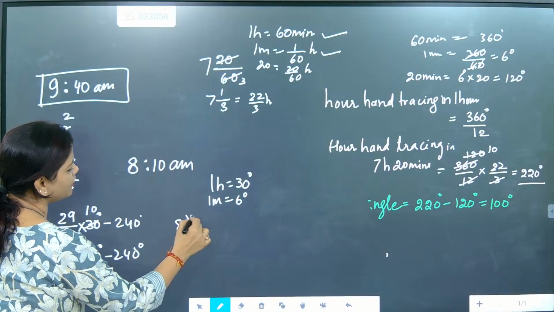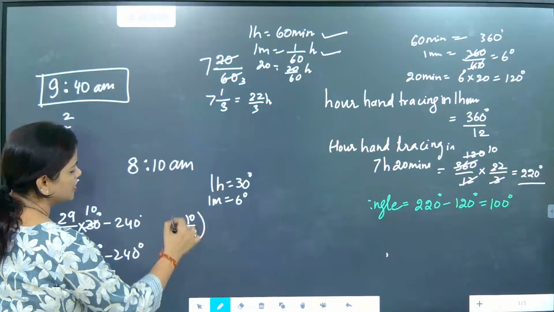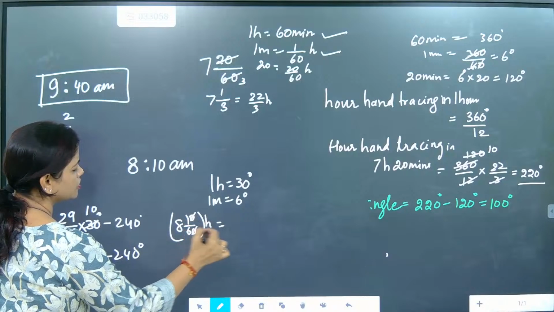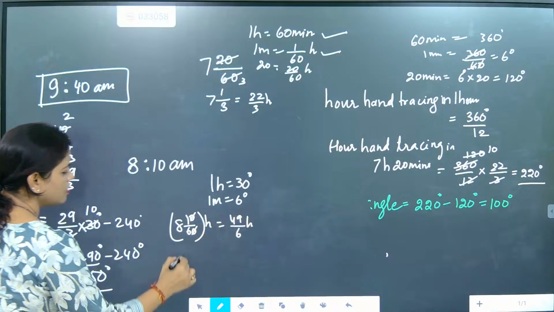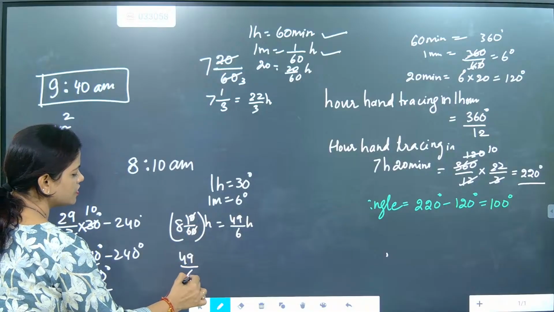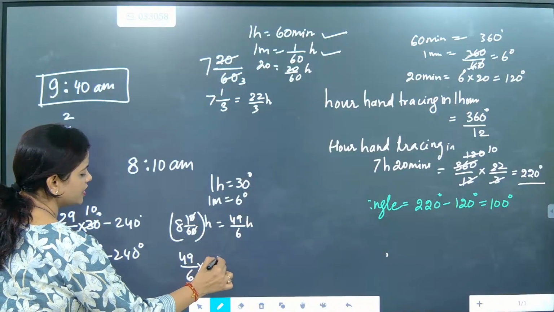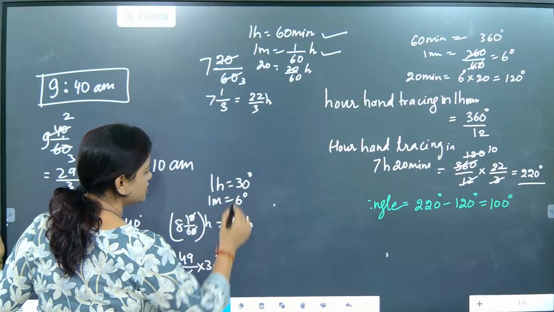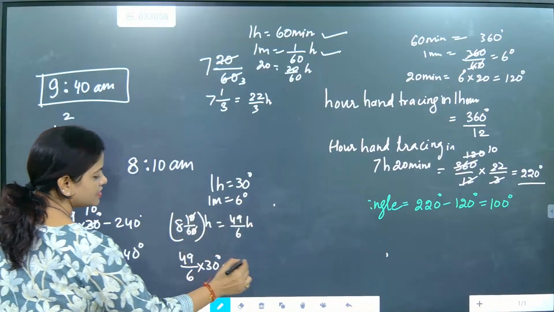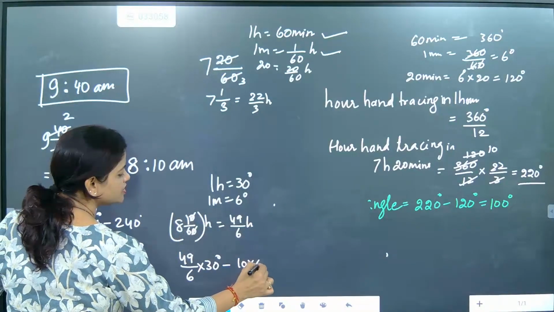First we have to convert it into total hours. So it is coming 6 eights are 48, 49 by 6 hours. Now 49 by 6 hours will be multiplied with 30 degrees. Now here 1 minute is equal to 6 degrees. Total how many minutes are there? 10 minutes. So 10 into 6 degrees.